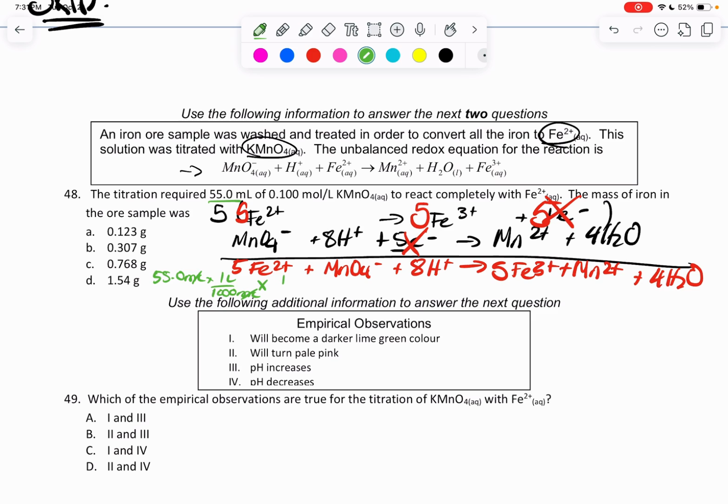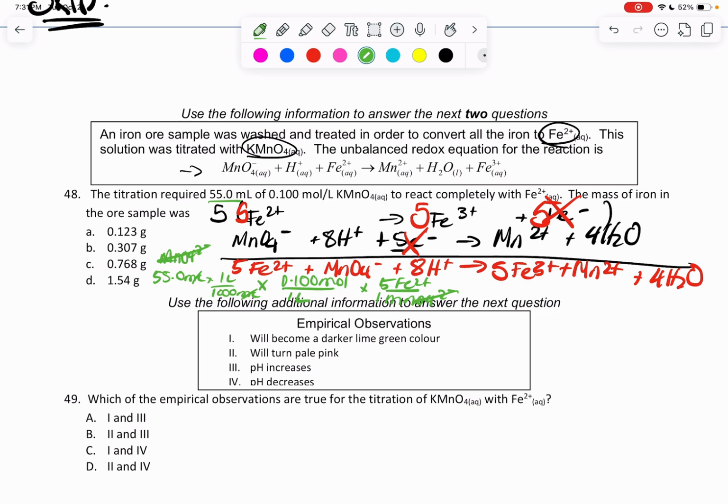Times 0.100 moles over 1 liter times 5 Fe2 plus over 1 MnO4 minus. So those cancel.